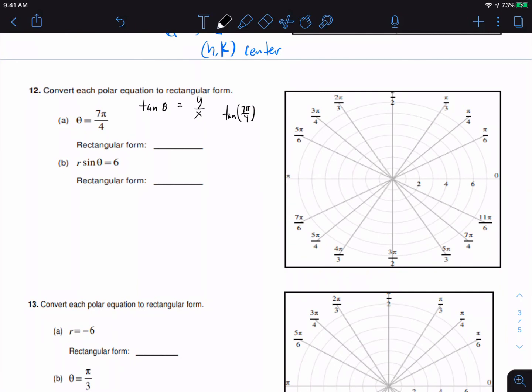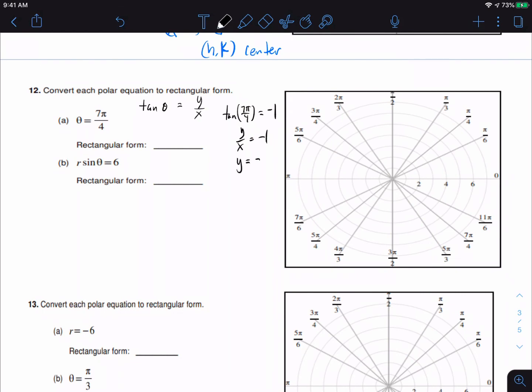Isn't tangent of 7 pi over 4 -1? Right? And since tangent of 7 pi over 4 is equal to -1, y over x is equal to -1.